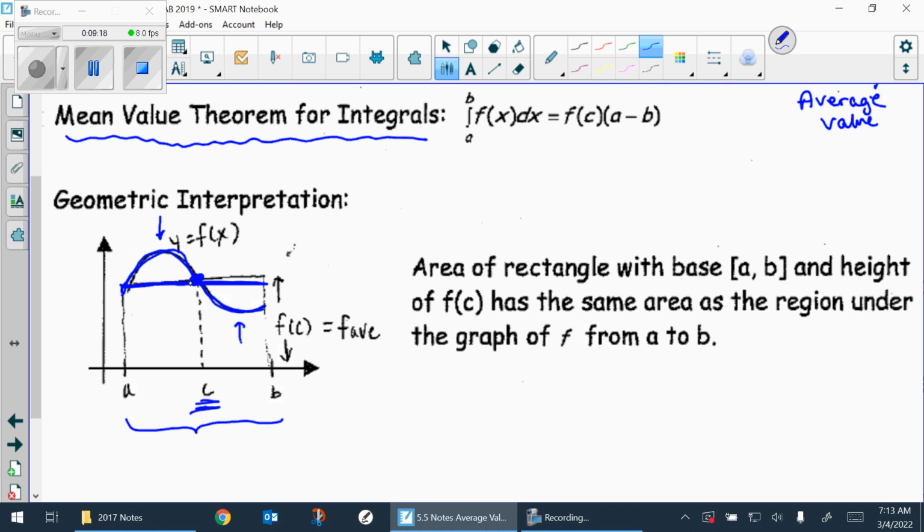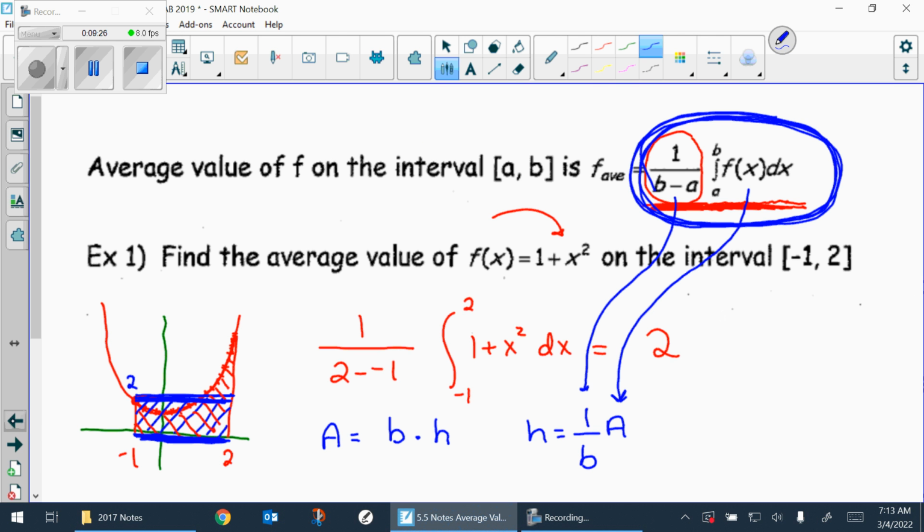So that's what we're going to be in search of. What is that x value where the average value occurred? If we go back to the previous slide, was there an x value where the average value occurred? Yeah, there does appear to be, because this red guy was a nice continuous function.